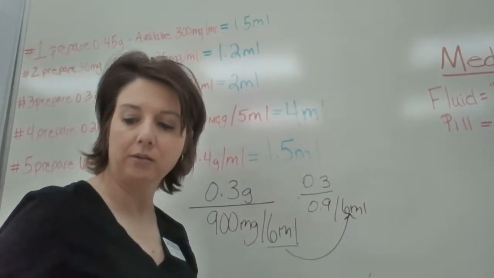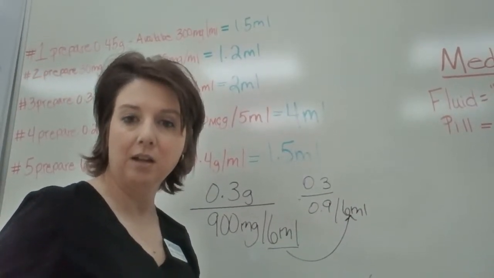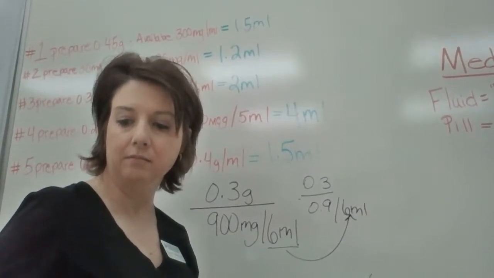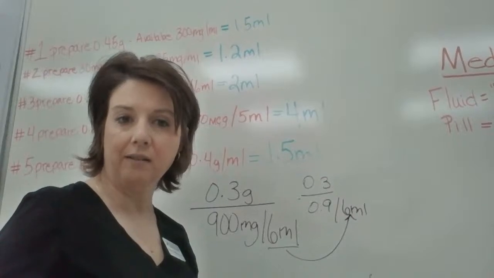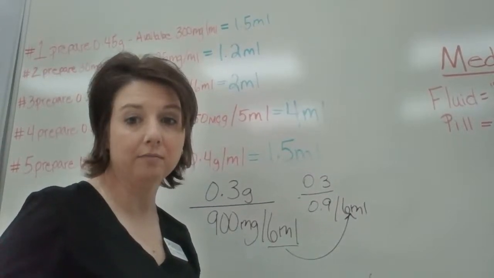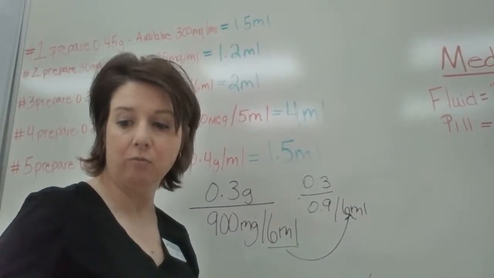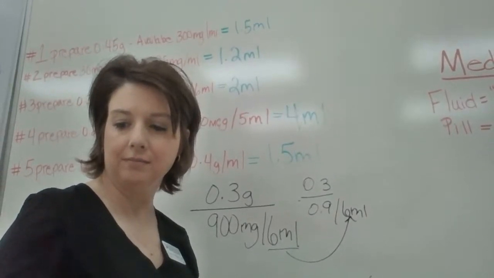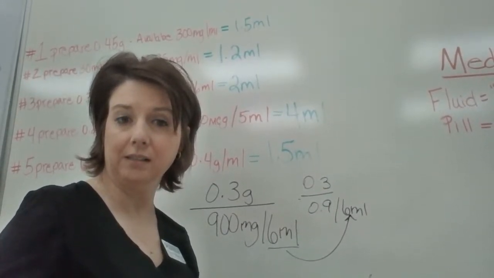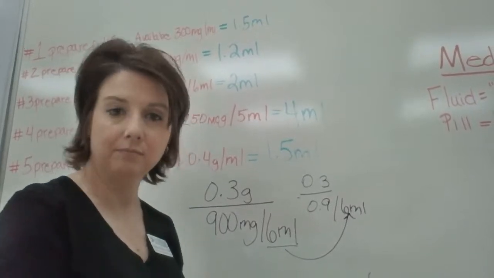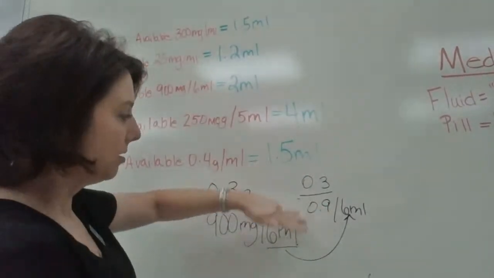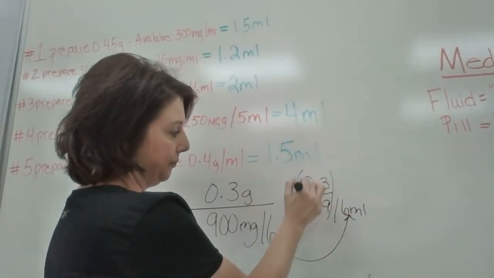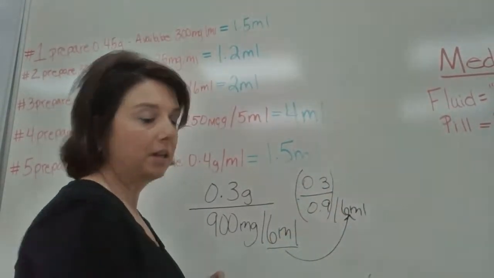Okay, so 0.3 divided by 0.9, we have 0.33333. Then, if we multiply that by 6, we have 2. That's right. So our step here, we're going to divide these numbers.